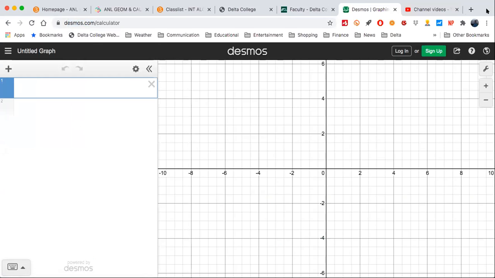So just a reminder on how Desmos works for graphing, and we'll just do this really quickly. Let's just graph the equation of a line, and I'm going to do something like y equals 2x plus 3. So you guys remember how to do that, right? And that you can like click on the points if you want to. They show you points of interest, which is really kind of nice.